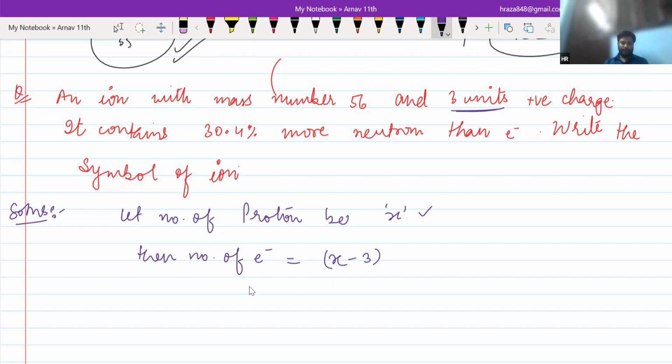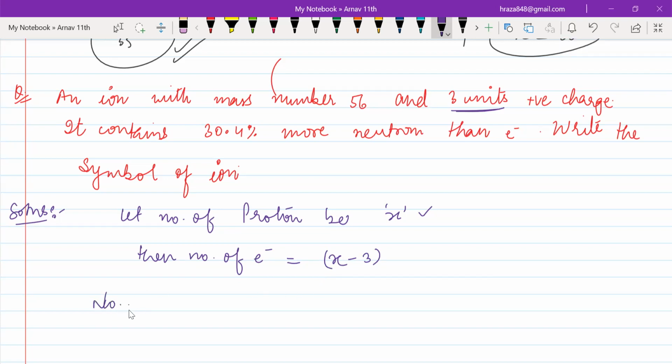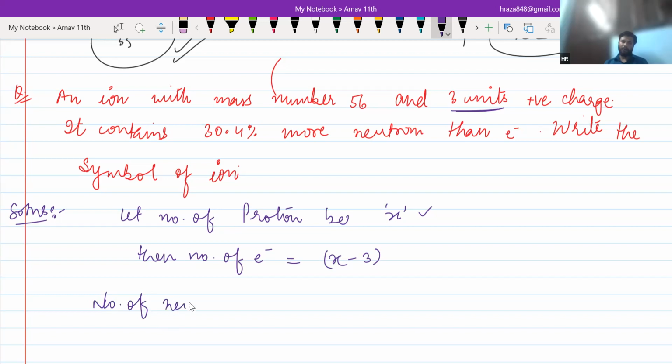Yes, sir. Now the number of neutrons will be equal to x minus 3 plus 30.4% more neutrons than electrons. That means 30.4% of the electrons, x minus 3.